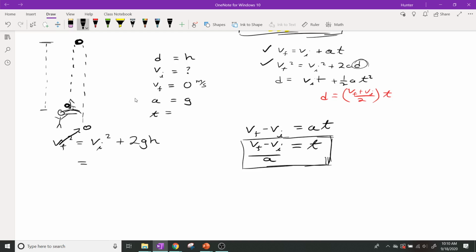So we want to solve for the height, right? So let's take the VI and move it over. That gives us 2GH. And to get H by itself, it's going to be negative VI squared over 2G, and that would give us the height.